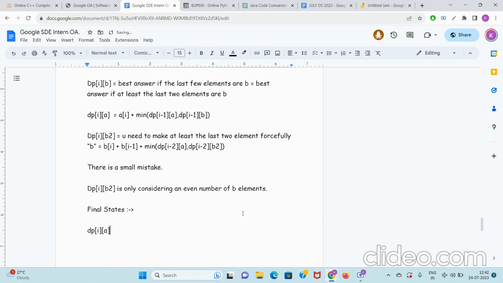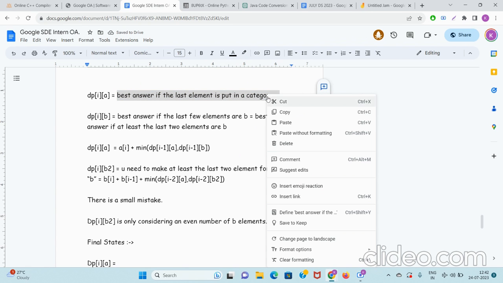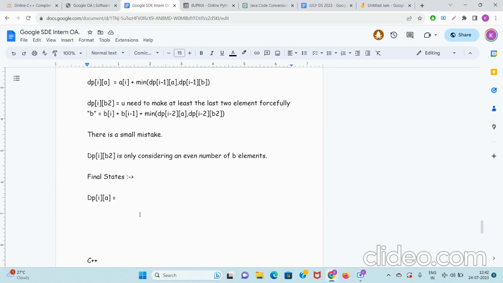dpi of a, this means what? Now let's make it all small. dpi of a means what? Best answer if the last element is in a category. The last element is a. And what will be the formula for this, guys? Very easy, very easy.